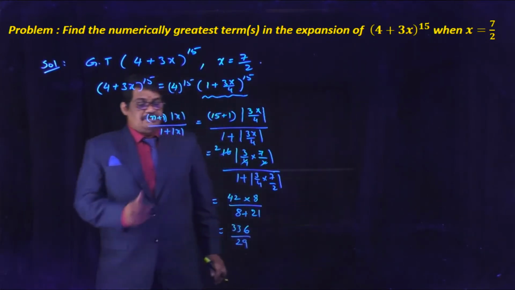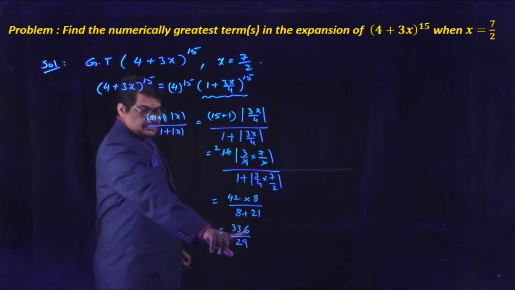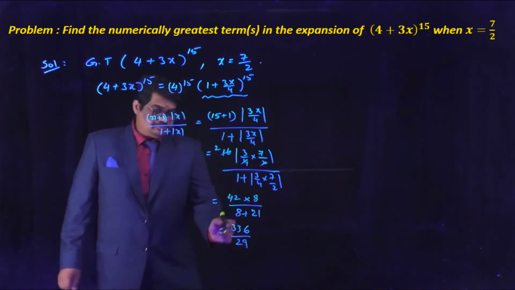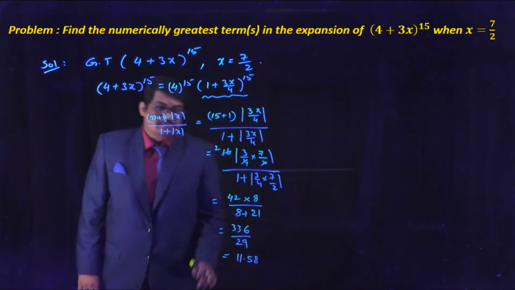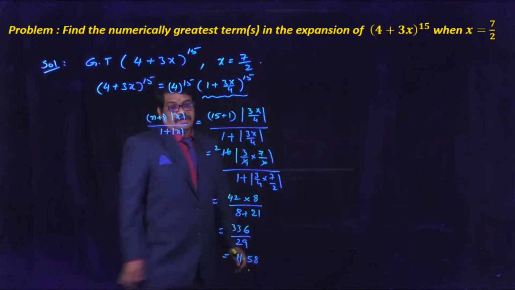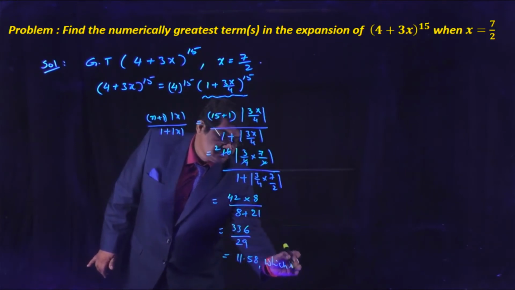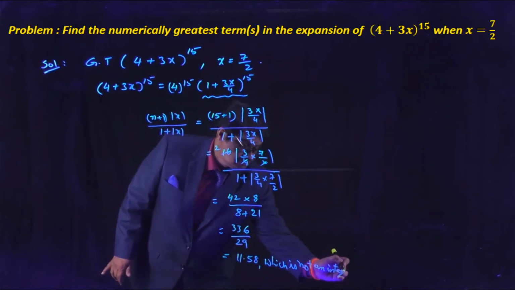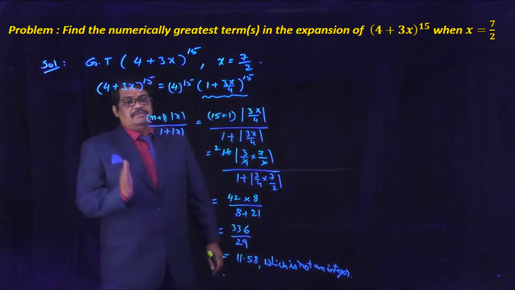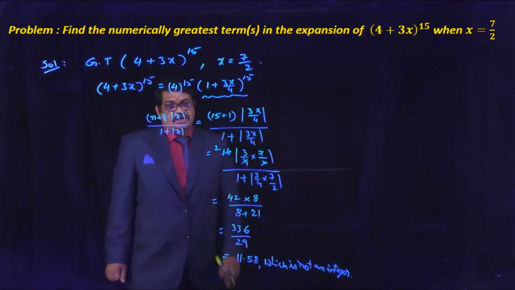So the value of (n + 1)|x| / (1 + |x|) is 336 by 29. Dividing by 29, we get 11.58 something. So it is not an integer.